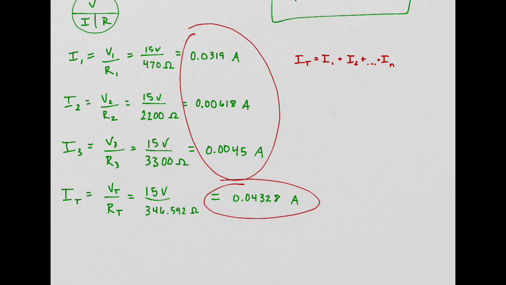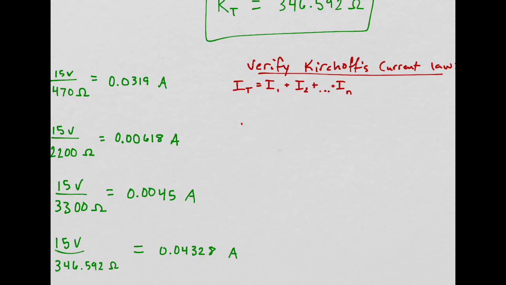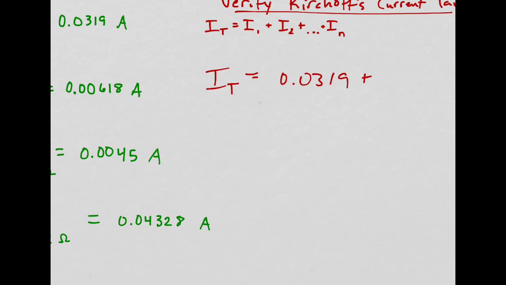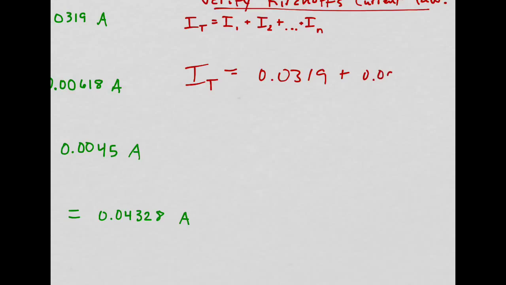So I'll just say that IT equals... What does it say? 0.0319 plus 0.00618 amps. Make sure you include your units.